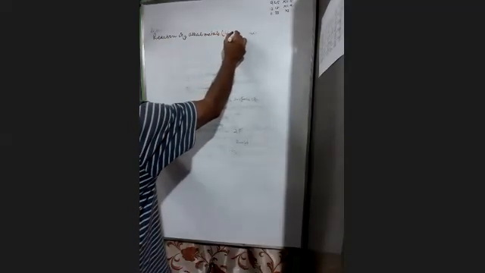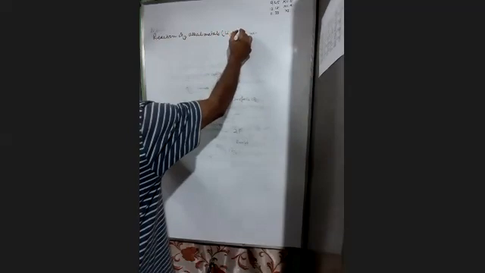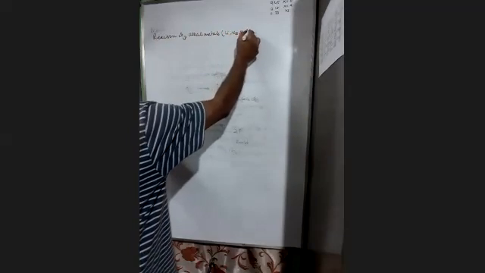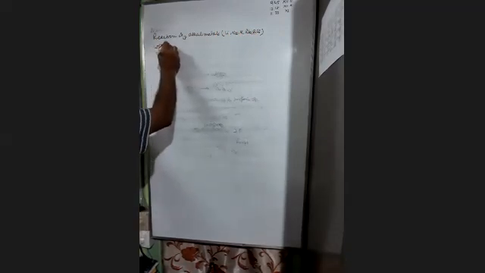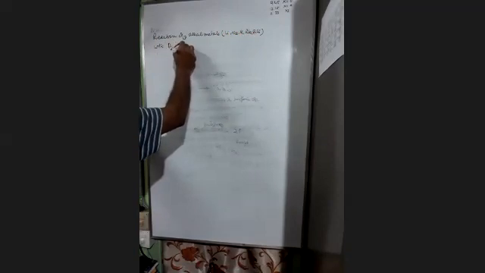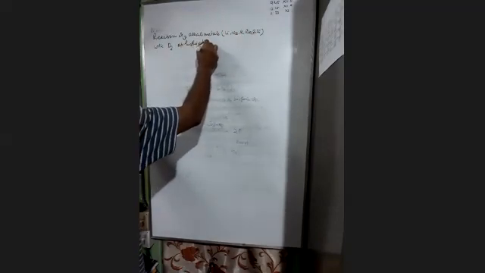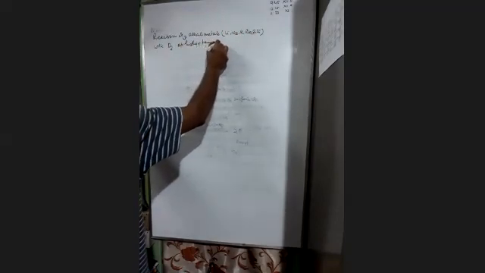Lithium, sodium, potassium, rubidium, and cesium with oxygen at higher temperature. They react at room temperature, but if you heat, you see something very interesting.